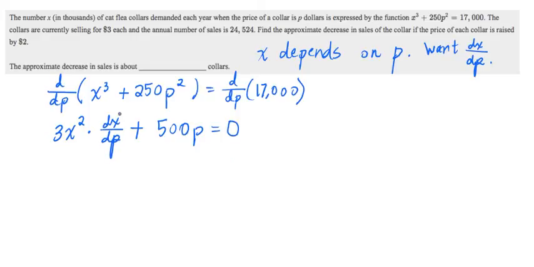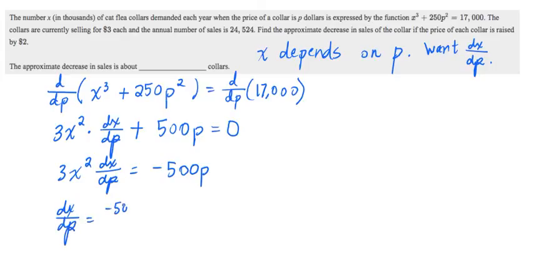Now we want to find dx dp, so let's go ahead and solve for that. We get 3x squared times dx dp is equal to negative 500p. We can divide both sides by 3x squared to get dx dp equals negative 500p over 3x squared.